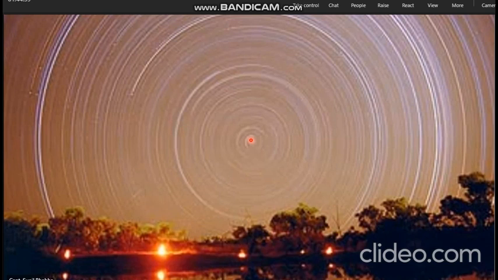So let's try to understand that. First thing, the center of all these concentric circles is the pole. All the stars move in concentric circles, which are basically their declination circles around the pole. So let us mark the center of all these circles as the pole.